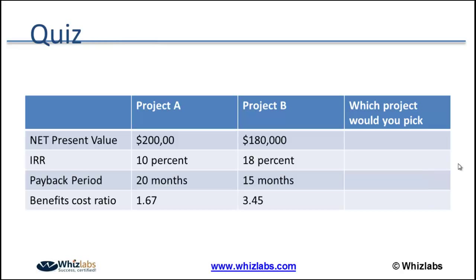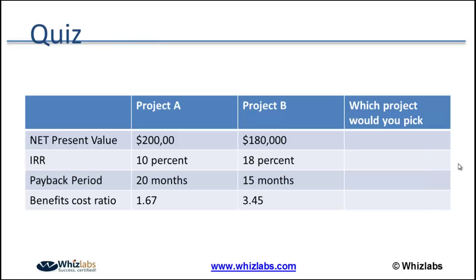Okay, let me put a small question for you. Which project will you select if the net present value of project A is 200,000, or project B is 180,000?